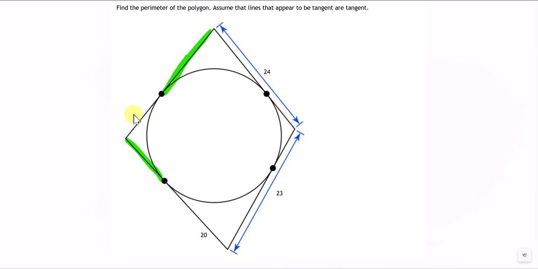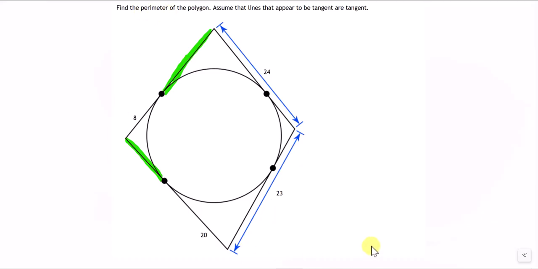And we already have the value 8 for this one, 20 here, but we don't know this side and this side here. Once you figure out these two amounts, then we add 24, 23, 28 together with these 2 values, and that would be the entire distance around the polygon, which is the perimeter.